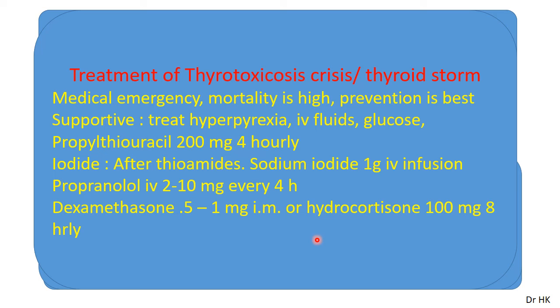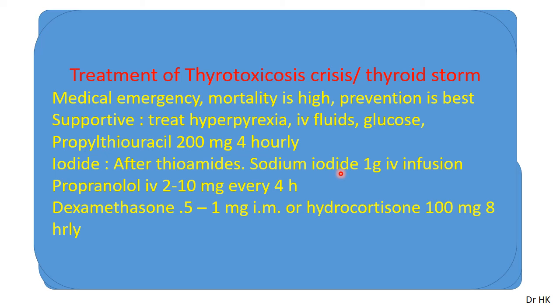Propylthiouracil is used as the antithyroid drug in a dose of 200 milligram 4 hourly. Iodides are the fastest acting drugs. So keep in mind, iodides can bring down the thyroid hormone levels quickly, within 24 hours, because they inhibit the release. But they are given after thioamides.